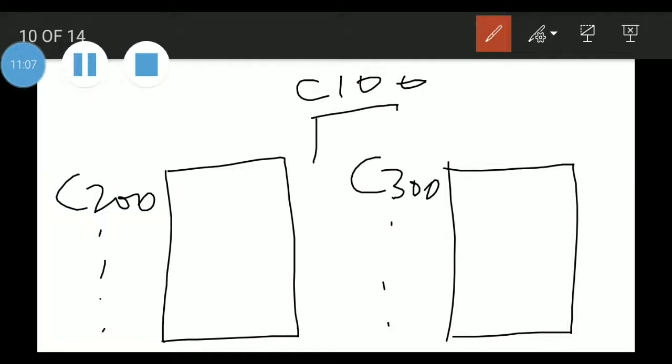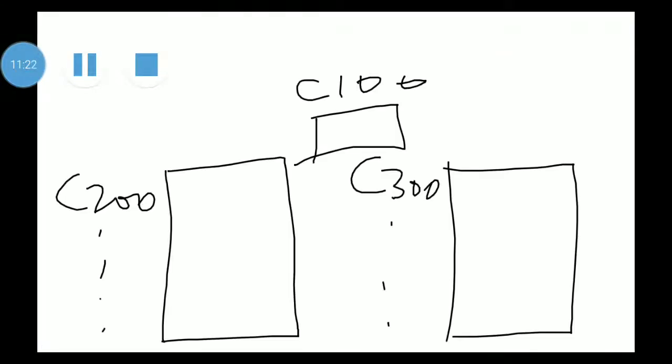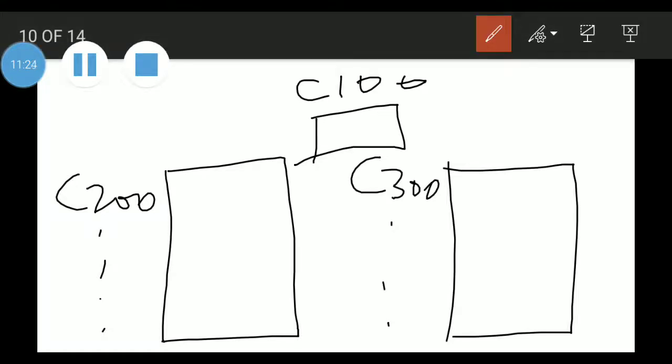Okay, students. Now we will write code for this. We will write instructions for these two things. We need to first specify location C200.